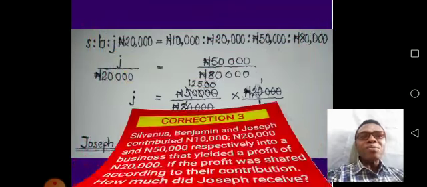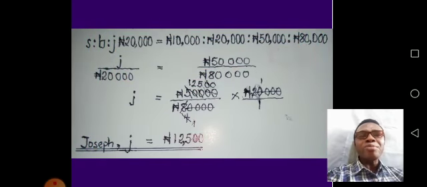All right, so we don't know how much the three of them are receiving: Silvanus, Benjamin, and Joseph. We don't know what they received, so we use S, B, and J to represent. But we know that when you add all their profits together, it will give 20,000. So 20,000 is the total on the left-hand side of the equation sign.